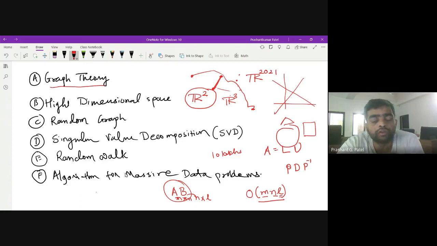What are the algorithms for reducing our work in such a manner? There are various techniques to deal with this product AB, and those algorithms we will discuss in these massive data problems.